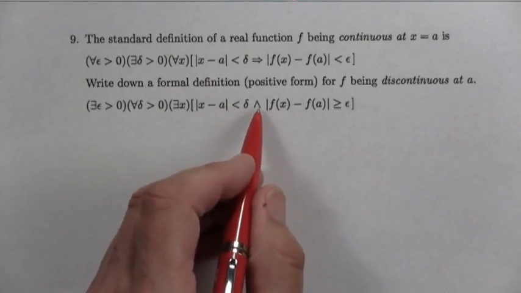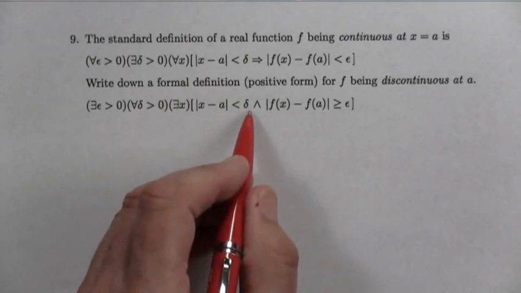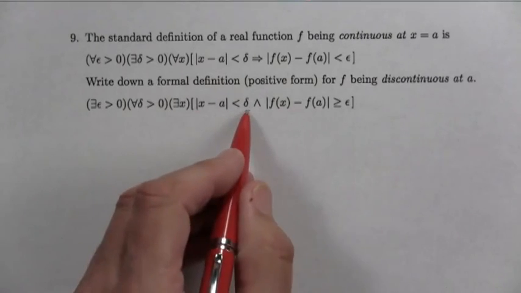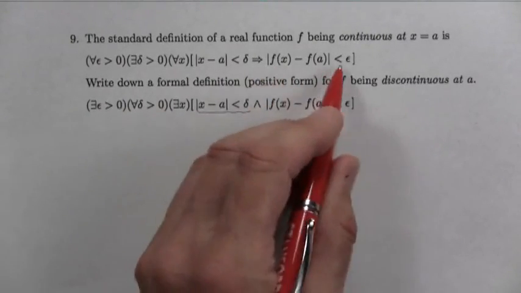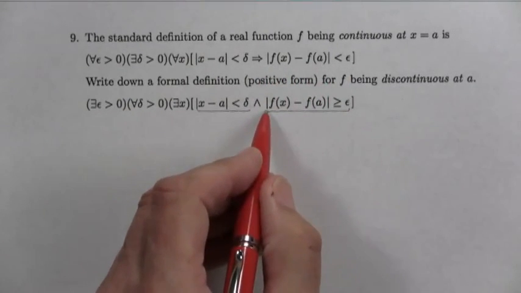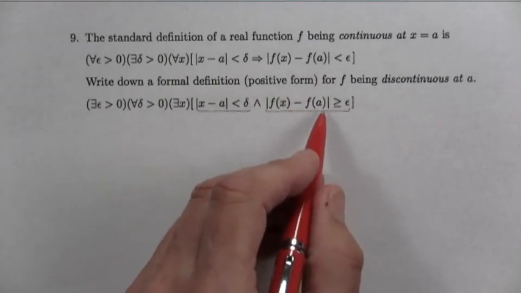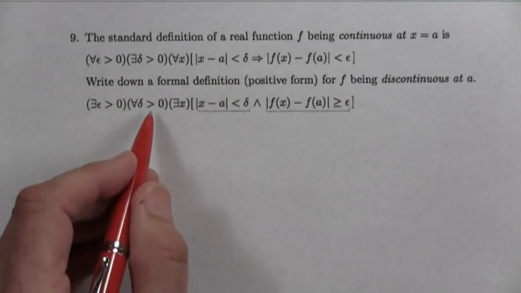These are just connectives. They're operators that bring things together. So that's a piece on its own, that guy, conjoined with the negation of this guy. Okay, and the negation of it being less than epsilon is it greater than or equal to epsilon. Okay, so that's the negation.